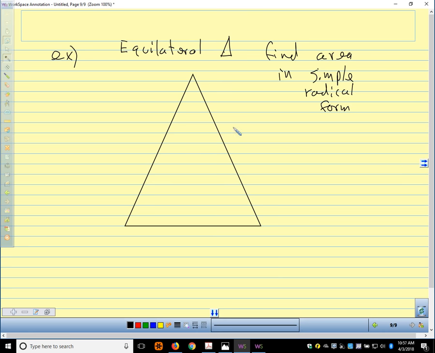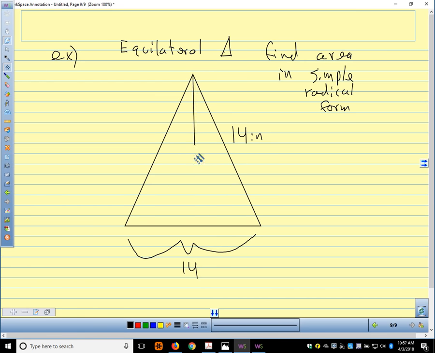And I'm going to say this side is 14 inches. Well, we know that the area is the base times the height divided by 2. Well, the base of this triangle, you know, is 14. And let's draw in the height. There's the height.